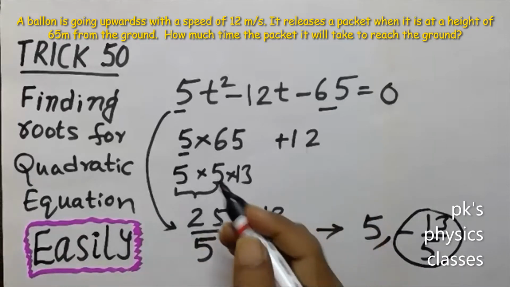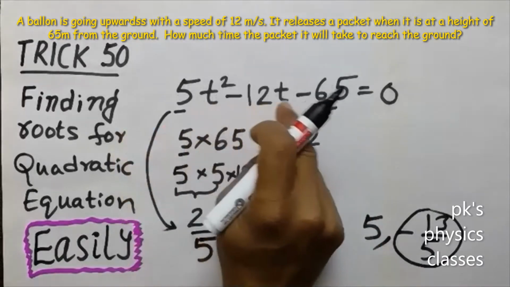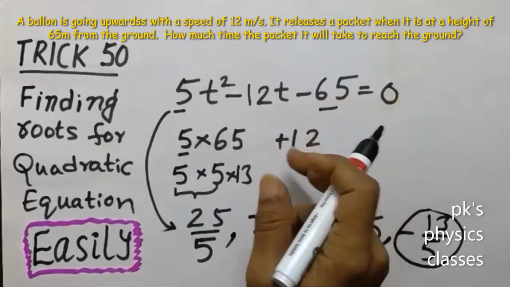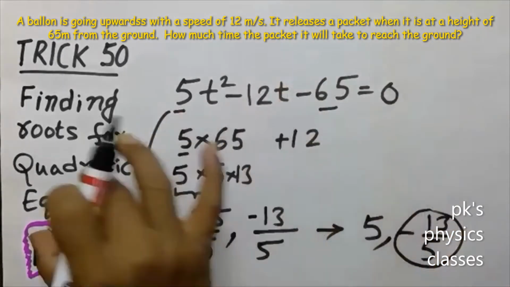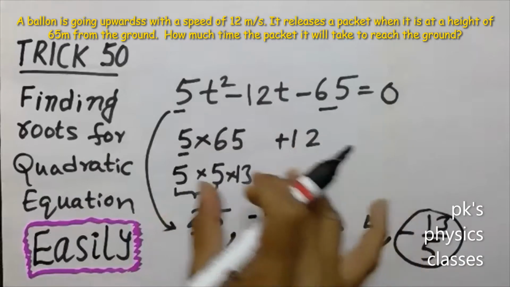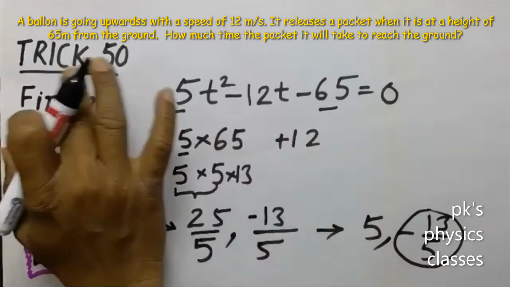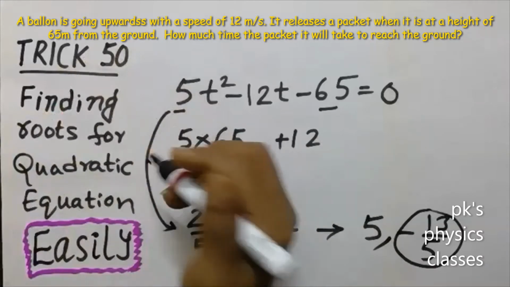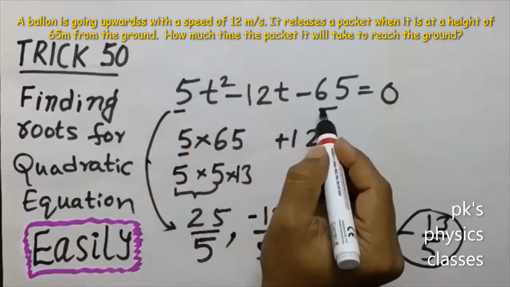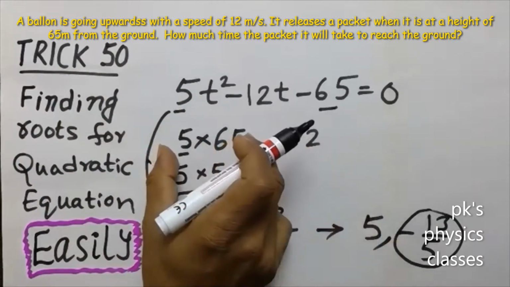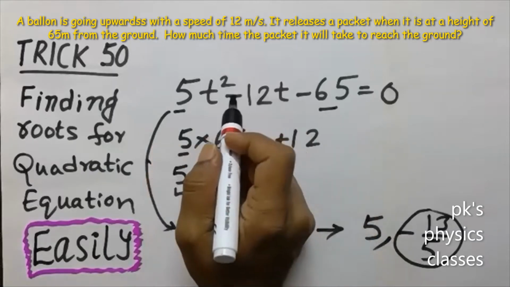Let me explain once again. 5t square minus 12t minus 65 is equal to 0, which is the quadratic equation. For that we need to find the roots. I'm just skipping the traditional method, just doing it in a different way. In this, 5 here, it is 5 and it is 65, write them as a product, and here minus 12 is there.